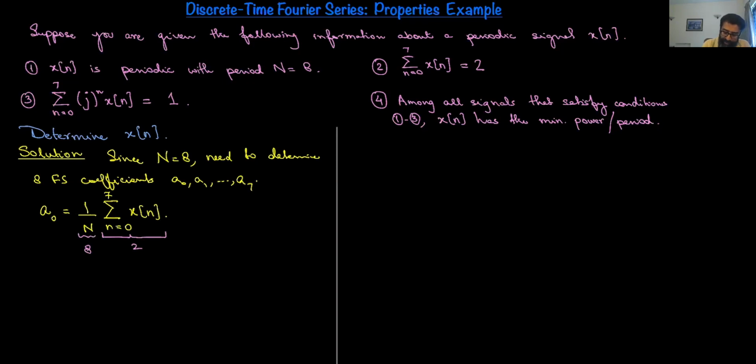So we can easily conclude that A naught for this time domain signal is going to be equal to 1 upon 8 times 2, which is simply 1 upon 4. So that's the first thing we can determine. Let me write this here: A naught equals 1 by 4. That's something we've been able to figure out.